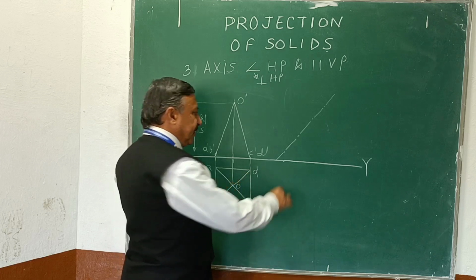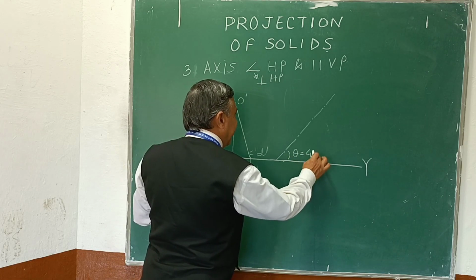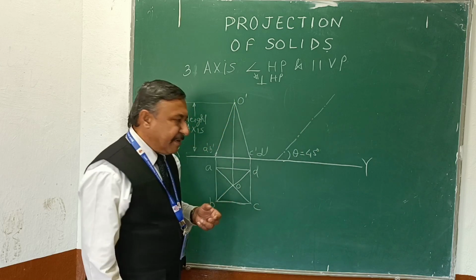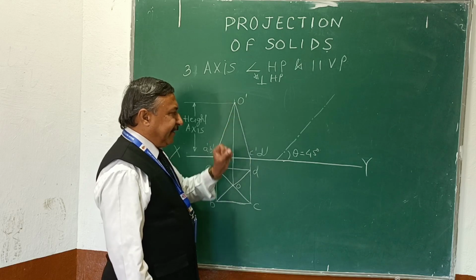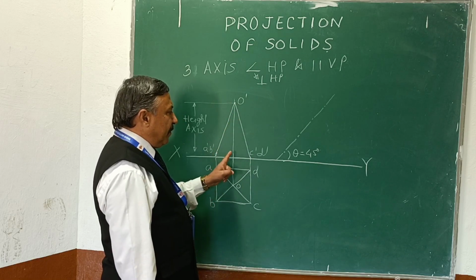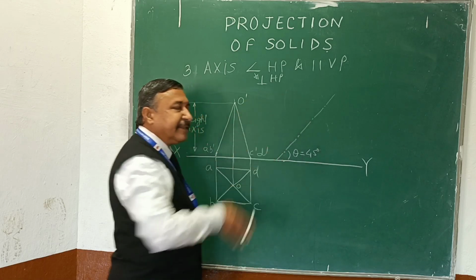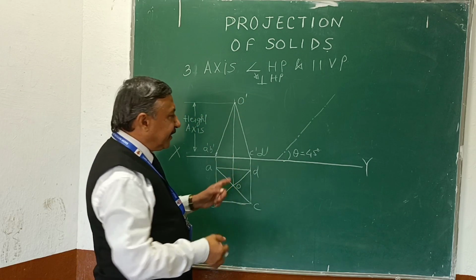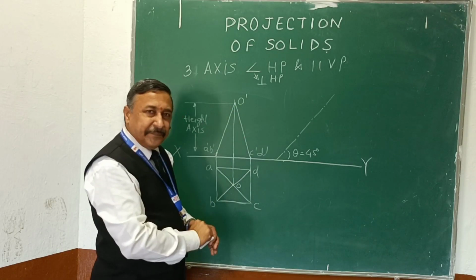Assume our theta is equal to, suppose, 45 degree. So this is our axis. Now how do we draw this solid about this axis exactly such that it tilts like this.